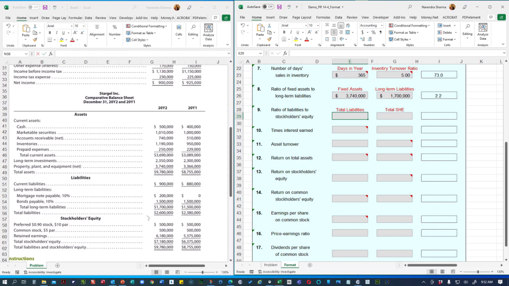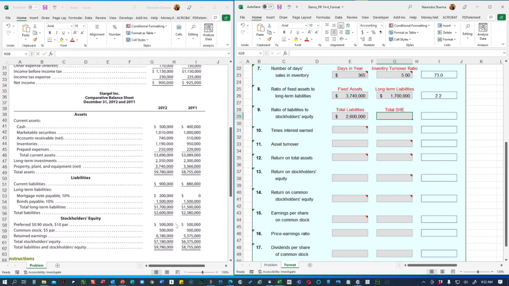So here we are given the total liabilities, of course, to be 2,600,000. So just see this figure here, total liabilities 2,600,000. So we are going to use that figure. And total stockholders' equity also we are given.